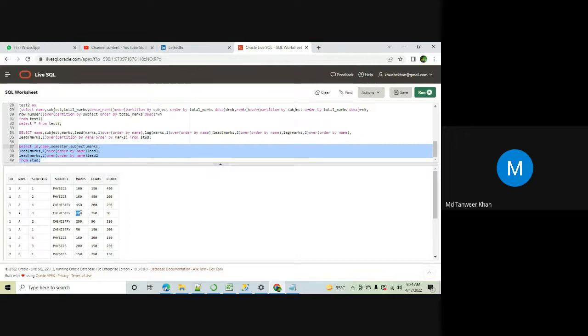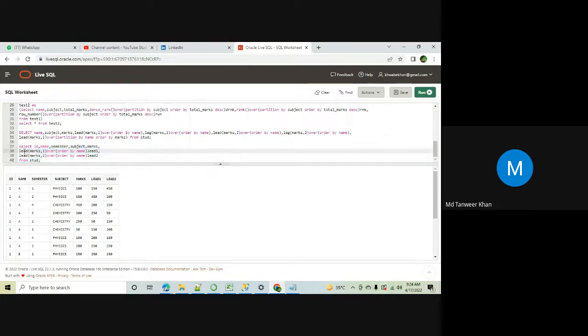Similarly, 200 shifted two places and it came here, right? 250 shifted two places and it came here. So lead function is when you want to shift some data. Now, why you want to shift data, that we'll discuss. Okay, I will show you some examples. That will be clear. But this is the use of lead or lag function. You can shift it.